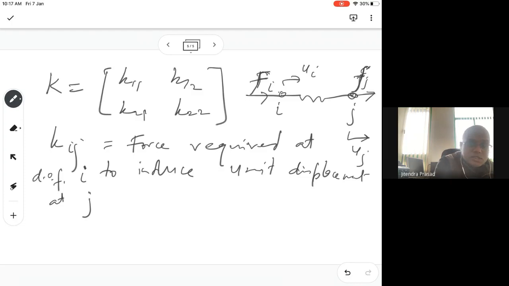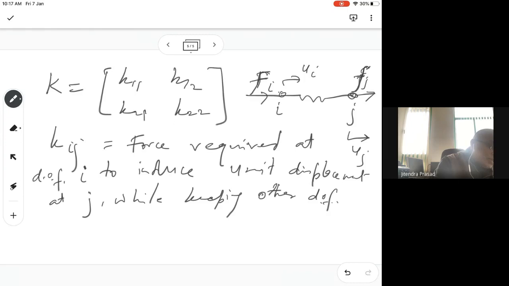What is the meaning of that? Let me complete it. While keeping other degrees of freedom fixed.